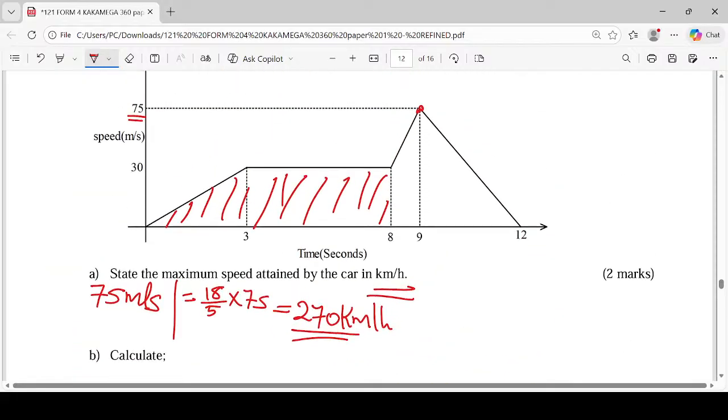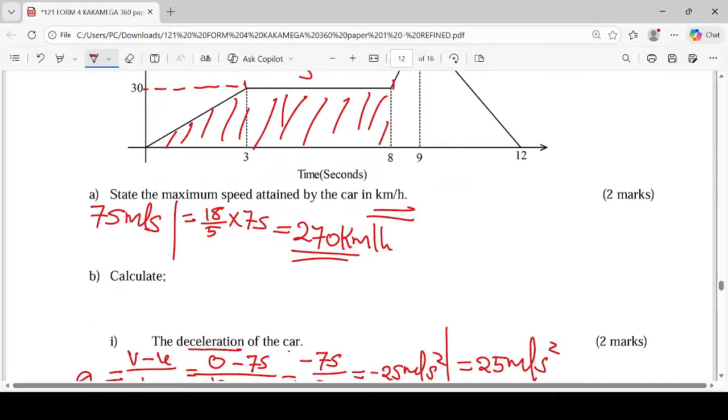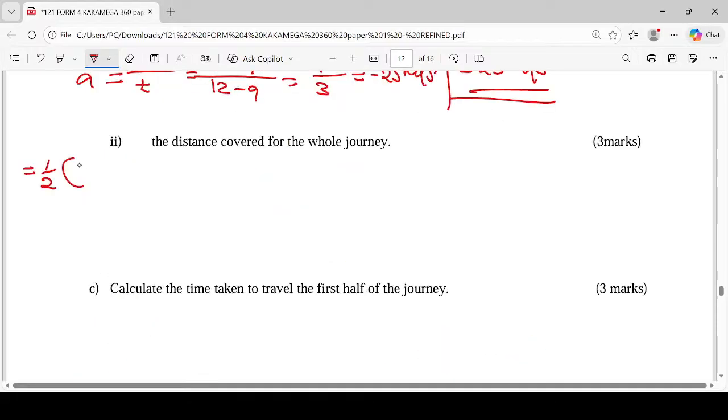That is 8 plus 5. If from here to here is 8, then from here to here is 5, because 8 minus 3 is 5. And the value here is 30. So 8 plus 5, then you multiply that by 30.